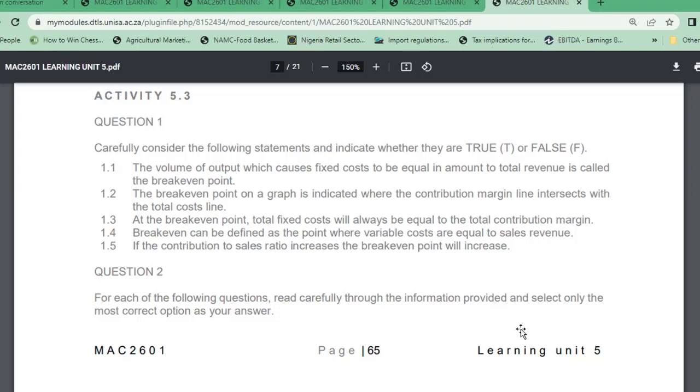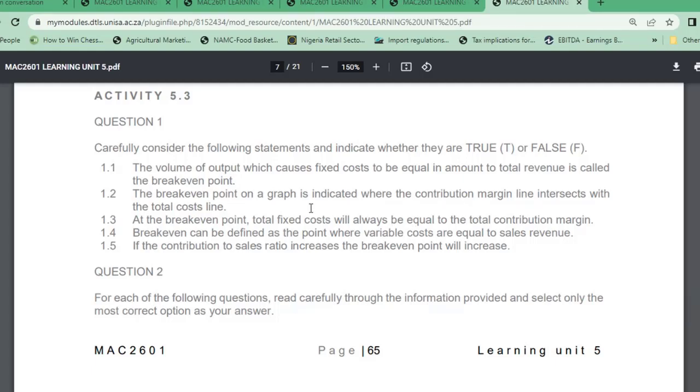That means my break-even point will be lower, and there's a chance of me making profit. I hope I'm making sense. If I'm not, we'll look at an example during the week just to illustrate that if the contribution to sales ratio increases, your break-even point will be lower. It will decrease.